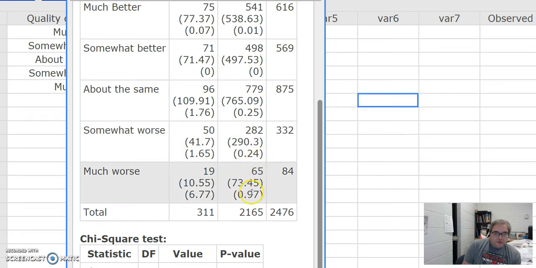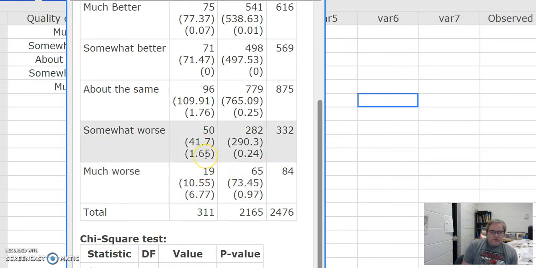And we're only doing this if we reject. So I'm looking here and go, okay, 6.77 is huge compared to the rest. The next thing I look at is my observed, which was 19. So 19, in this case, I believe it's Canadians, said they're feeling much worse when they're expecting to see 10.55. On the flip side, Americans, 65, are saying much worse when it's expecting 73. So these two numbers aren't what is expected just based on the sheer percentages, so there's something happening here.